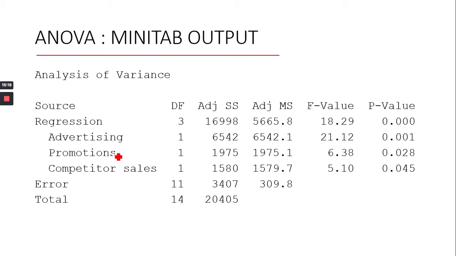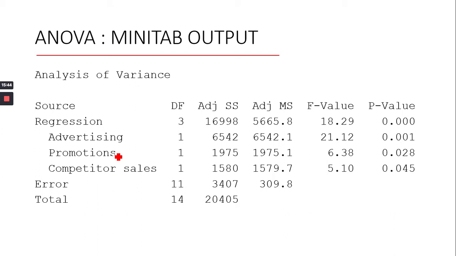My main interest is for you to be able to appreciate the meaning of an analysis of variance. What is it that we want to achieve by producing an ANOVA table in a multiple linear regression case? So the ANOVA table is basically used to test what we call a global test.